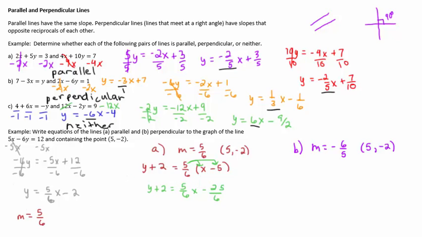Then to subtract 2 from both sides, you would either pull out your calculator, or with negative 2, I need a common denominator, so I'd make this negative 12/6. And then that gives me negative 37/6. That's not particularly pleasant because of the fractions, but oh well.